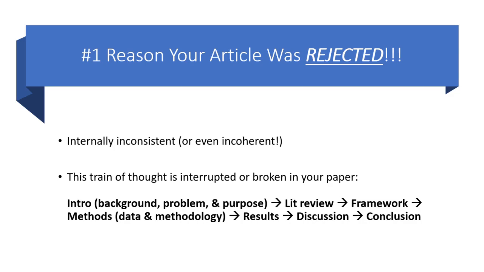So most often what's going on in your article, or rather what's not going on, is you are not making sure that each of these sections of the paper are tightly knit between each other and also internally consistent within themselves. And so this needs to be an arrow, a straight line, starting with the introduction, ending with the conclusion.